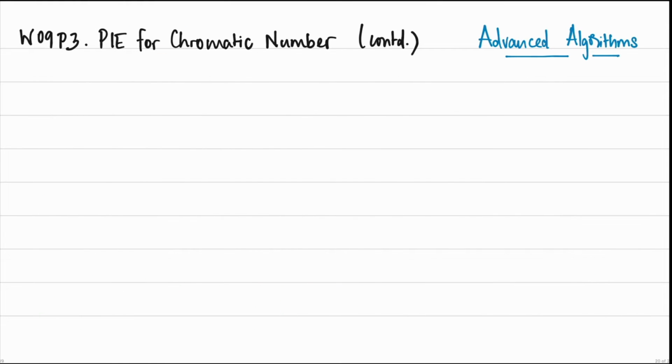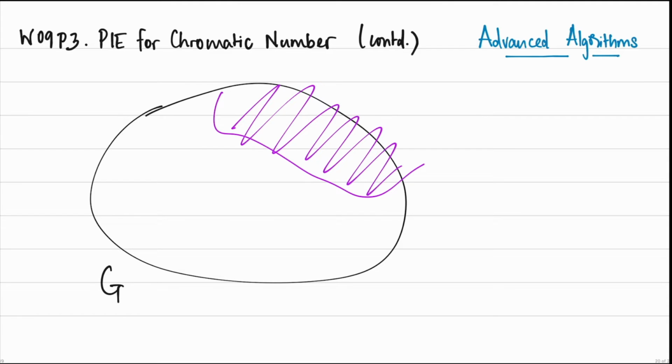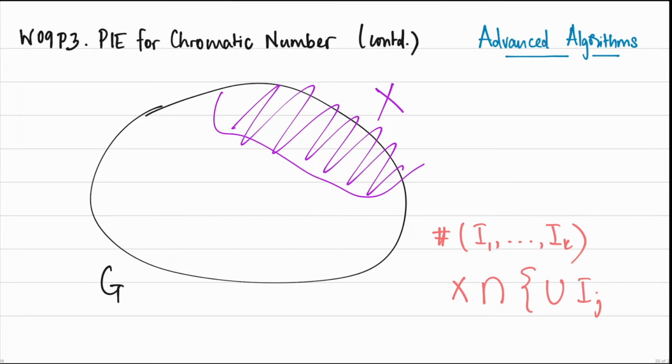Okay, I hope you had a chance to think about that for a minute. Let's say that this is our entire graph G, and let's say this is our subset X. Now what we are interested in counting is the number of tuples of independent sets such that the intersection of X and the union of these independent sets is empty, right?